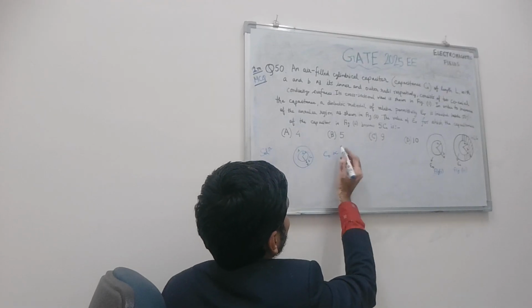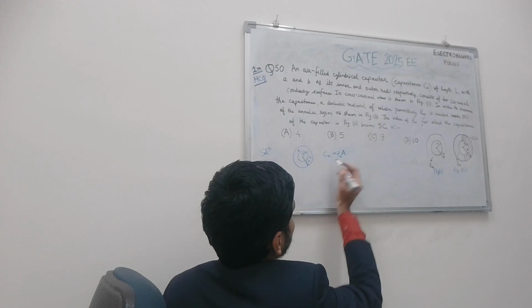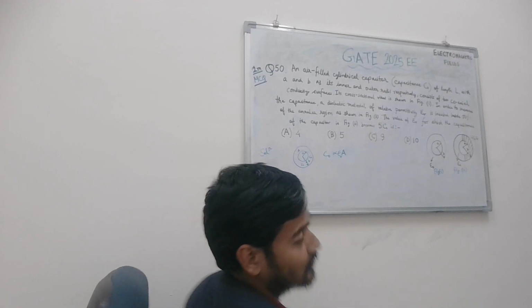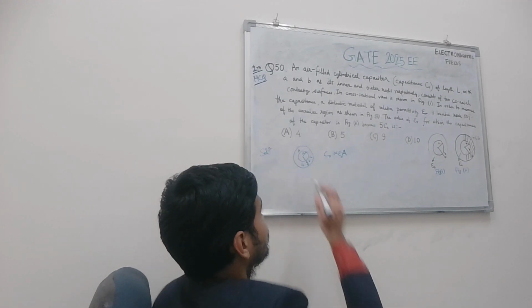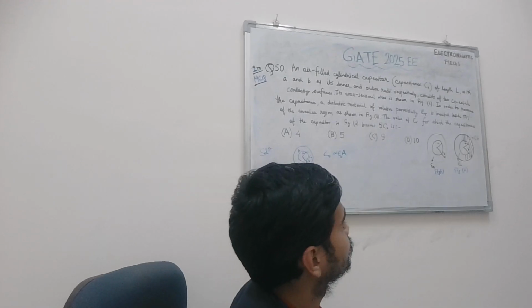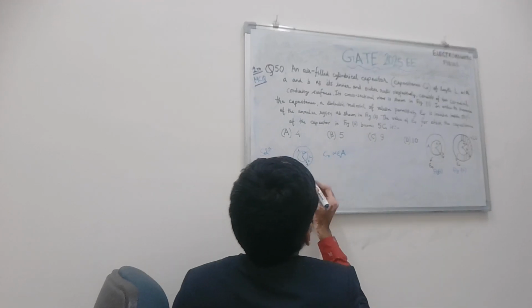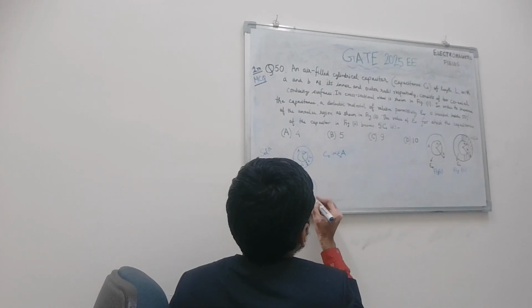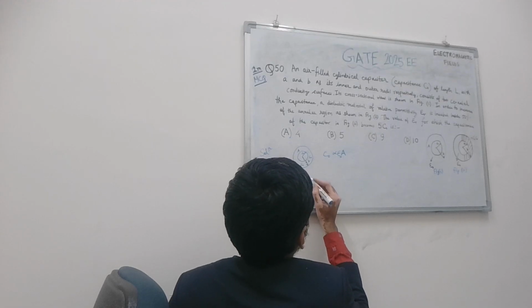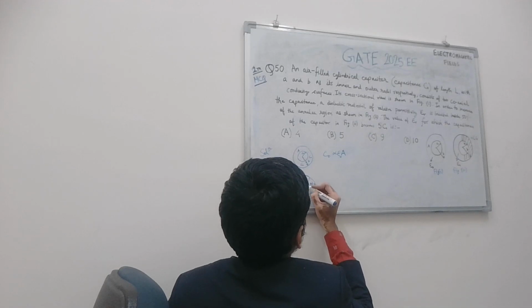Let's say this area is A. And epsilon naught, because epsilon naught is the permittivity of free space that is forming the capacitance. Okay. If this area is A, in the second figure, what we have? This is A by 2, this is A by 2. This is again radius A, this is B.